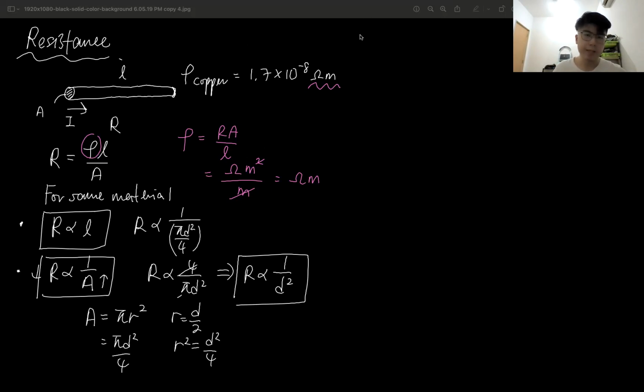If I say that the resistivity of silver is, say, 1.6 times 10 to the minus 8 ohm meter, that is the resistance of a wire of 1 meter squared cross-sectional area and 1 meter length. That is that much resistance.